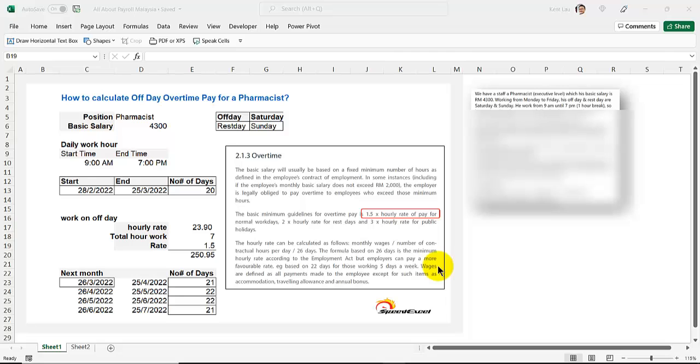Now, how to calculate the overtime pay on an off day for a pharmacist in Malaysia.